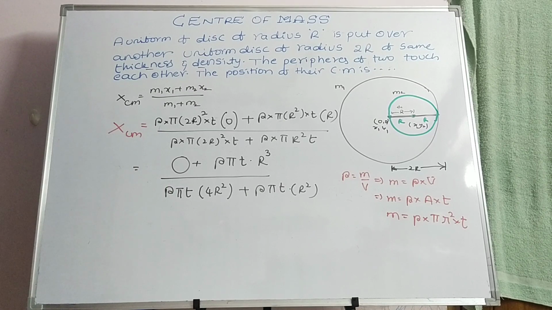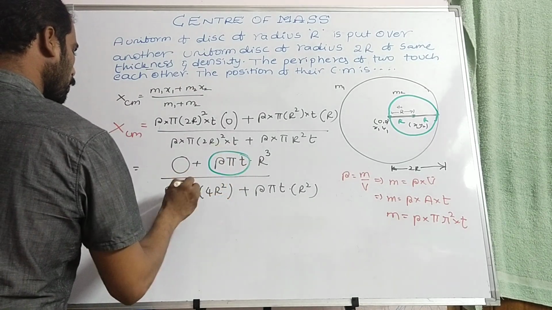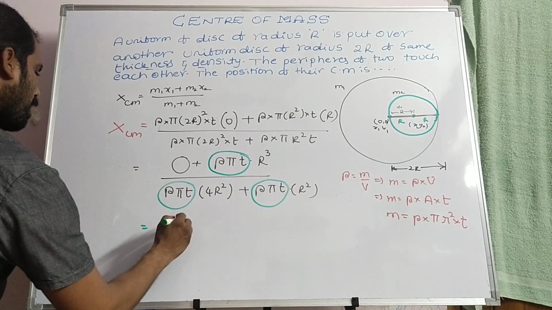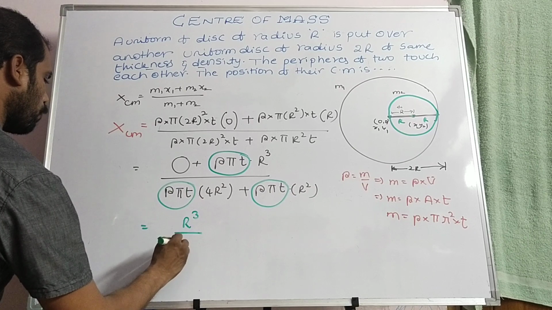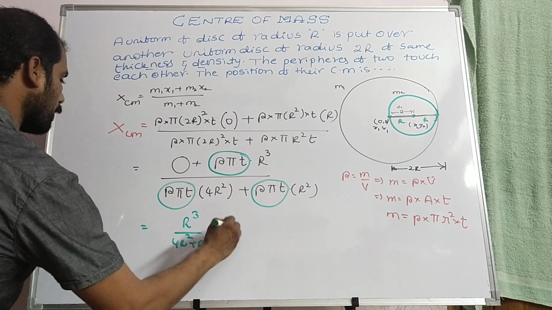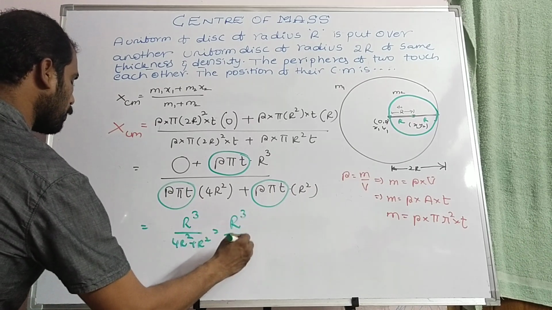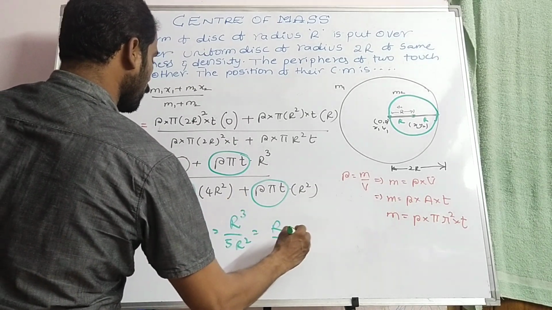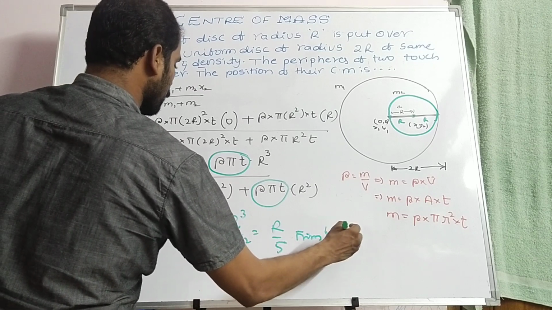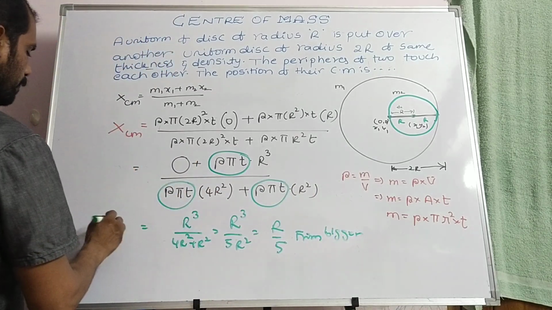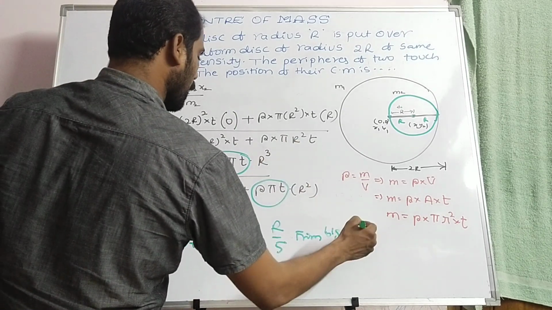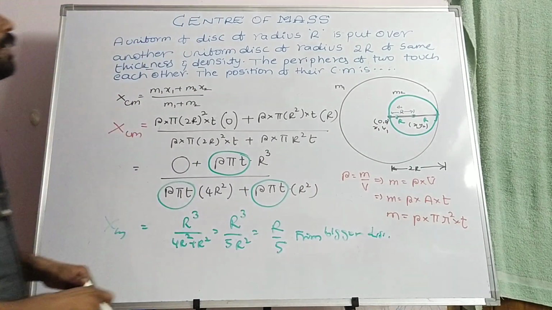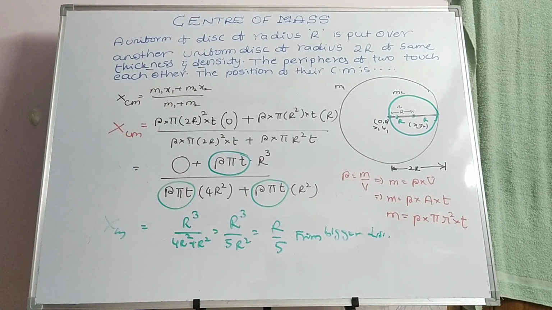Here rho pi t gets cancelled, so r cube by 4r square plus r square equals r cube by 5r square. The r square cancels, leaving r by 5 from the bigger disk. So the center of mass is at a distance r by 5 from the bigger disk, located nearer to the bigger disk.